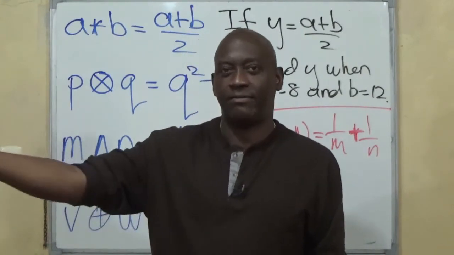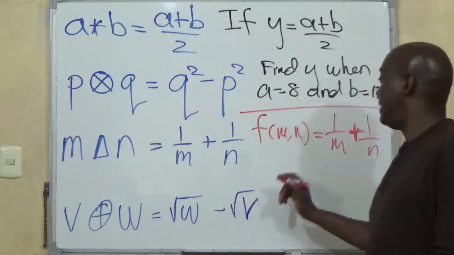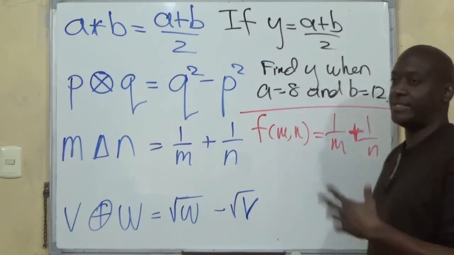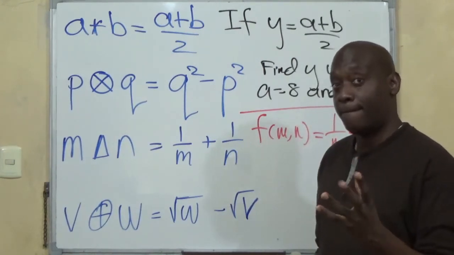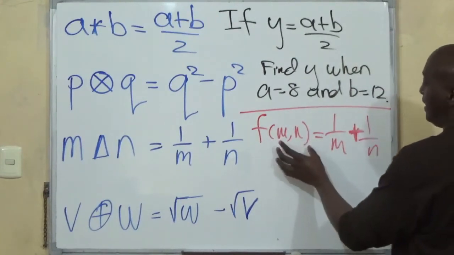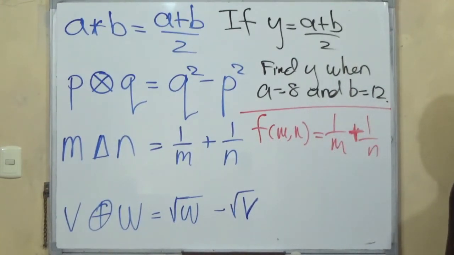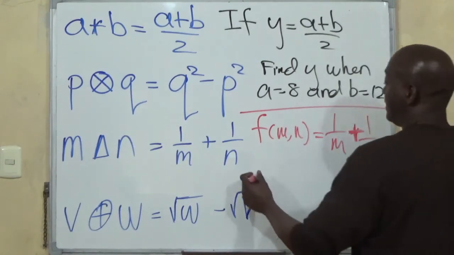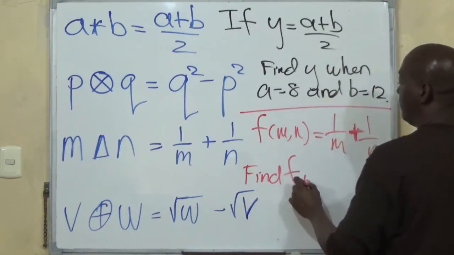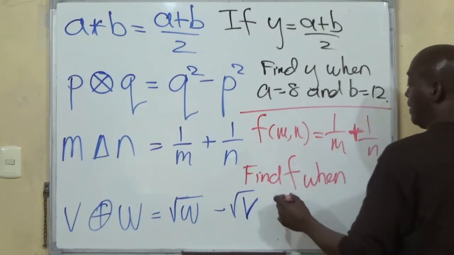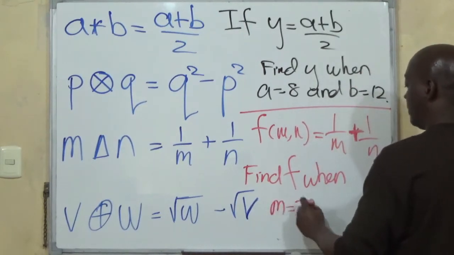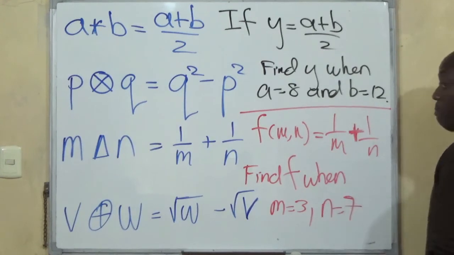You'll see this more at the level of Form 6, but I'm just making the point. This is what we refer to as a function of two variables. So instead of saying f of x or f of y, or instead of saying f of m or f of n, we could say f of m comma n is equal to 1 over m plus 1 over n. I could then say find f when, let me use the same variable values we have, when m is equal to 3 and n is equal to 7.